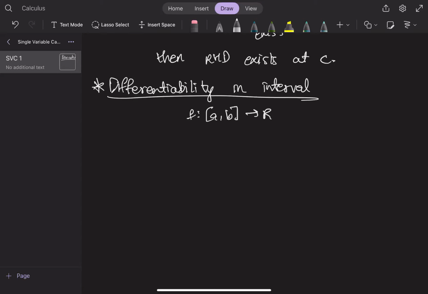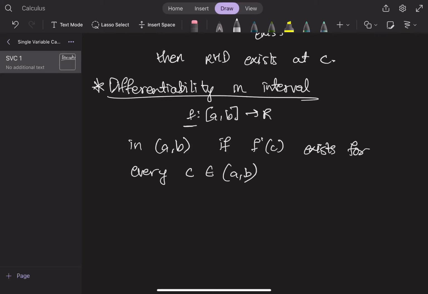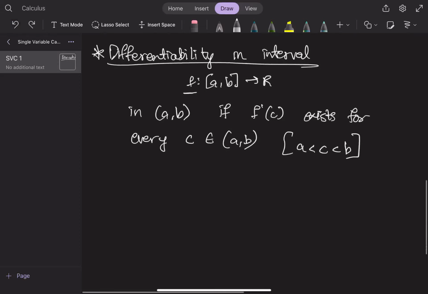So this f is said to be differentiable in a to b if f dash c exists for every c that is between a and b, which is basically a less than c less than b. If you can differentiate the function at c and the point exists, that means your function is differentiable in that interval.